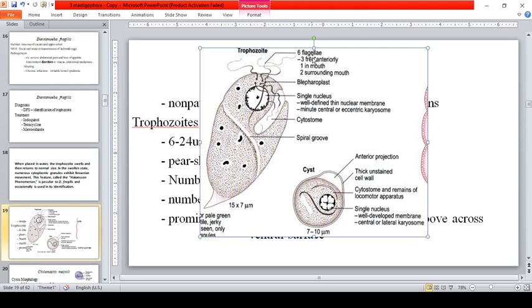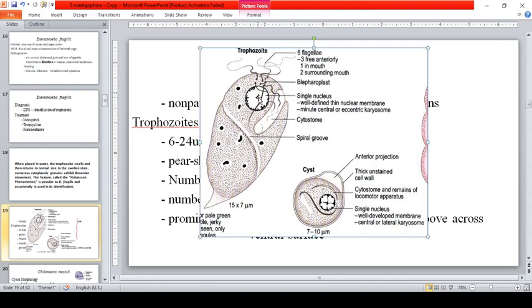So, it also contains the blepharoplast. Okay? Blepharoplast. And it has a single nucleus with a well-defined thin nuclear membrane and a minute central or eccentric caryosome.